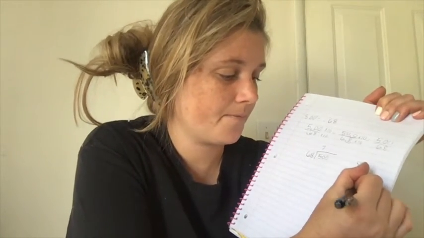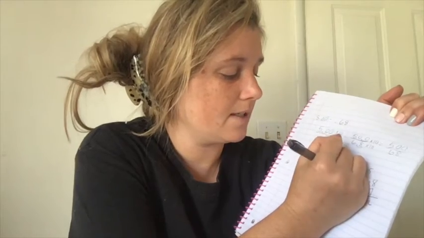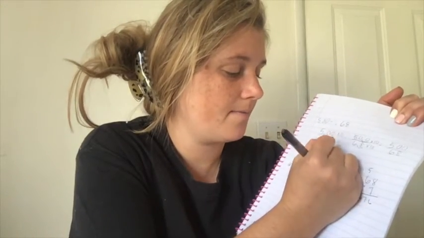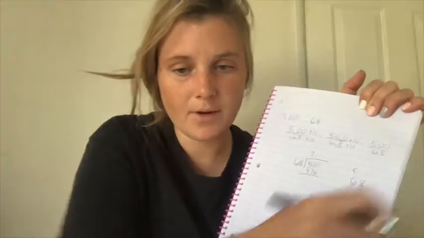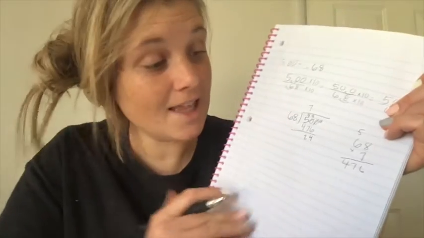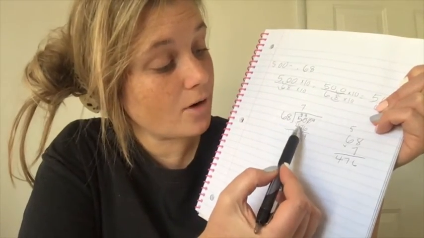Okay. So 476. Did I do my math right? I don't know if I did my math right. So, we did this. Now, we're going to subtract 476. 500 take away 476 equals 24.